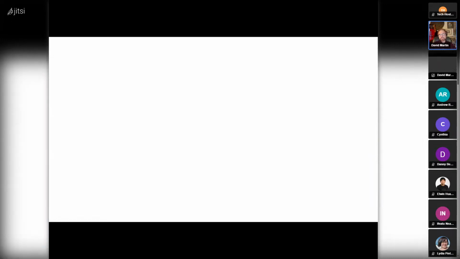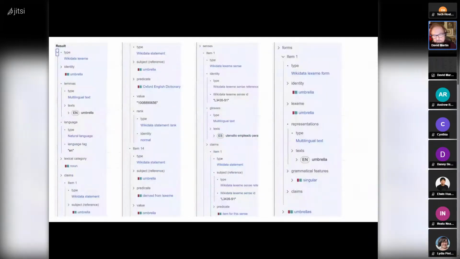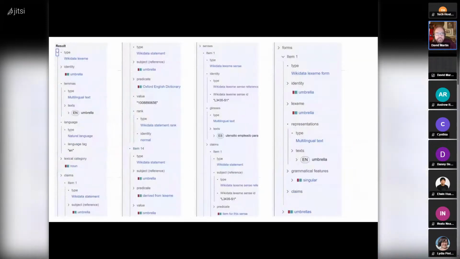Then I can select that lexeme and hit the run function button. And then the entire content of the lexeme comes back. These are just snapshots of partial results of scrollable content, which will show you the entire content of the umbrella lexeme, including its lemma, its lexical category, and its claims, nested senses, and forms. So let's move on.